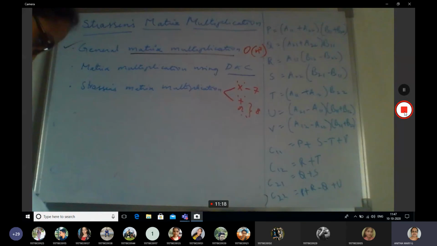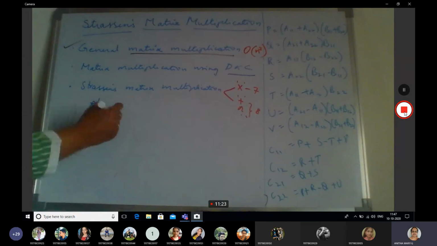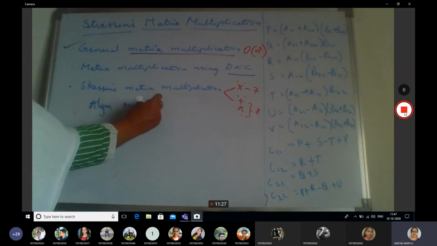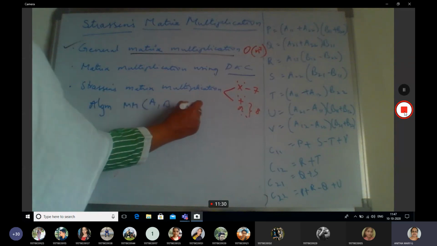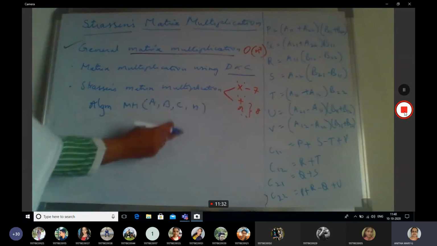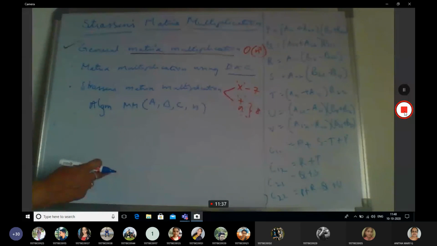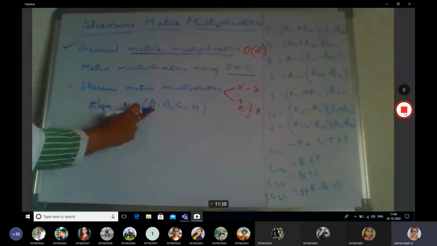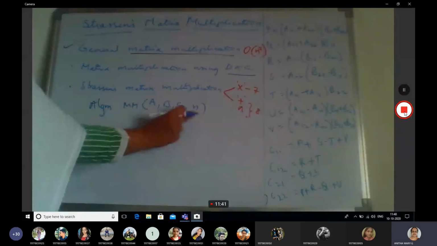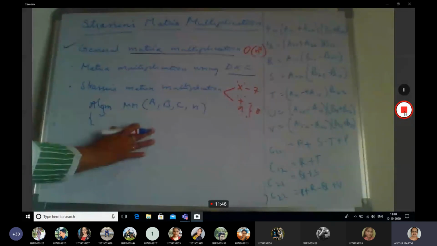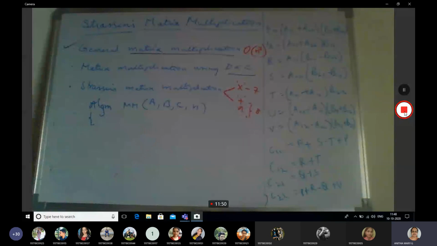We write the algorithm MatrixMultiplication, and the parameters you want to take are A, B, C and the number of elements. So these are the matrices A, B as inputs and C, and the number of elements you are going to take. This is not there in your textbook, but for your clear understanding, I am telling you this.